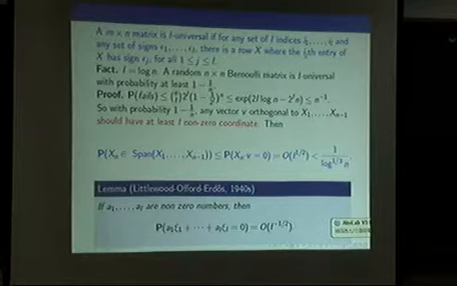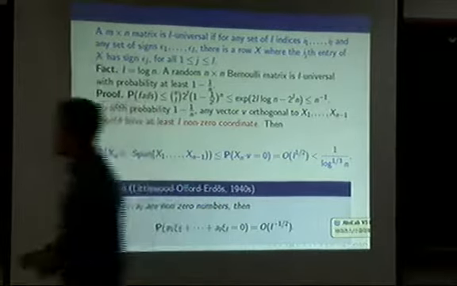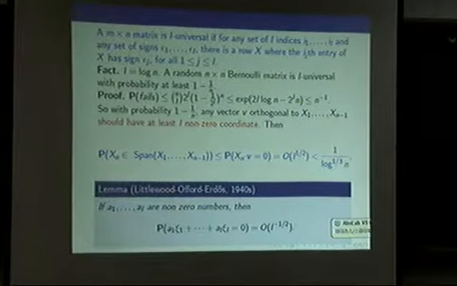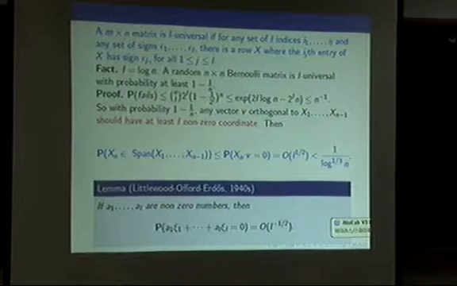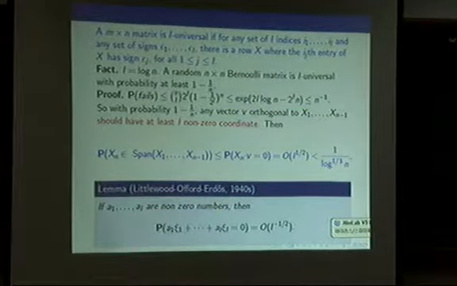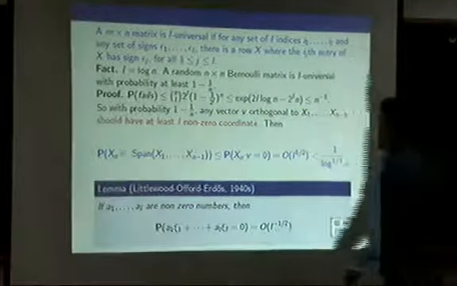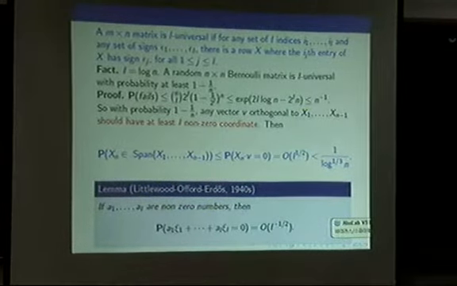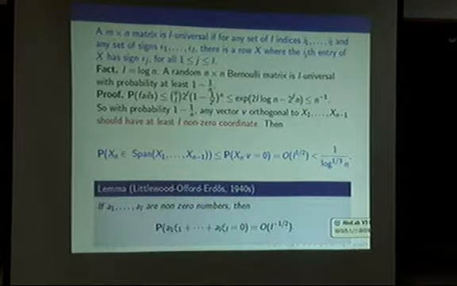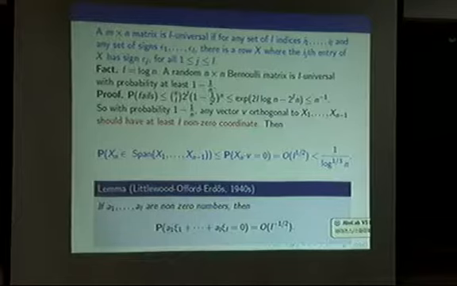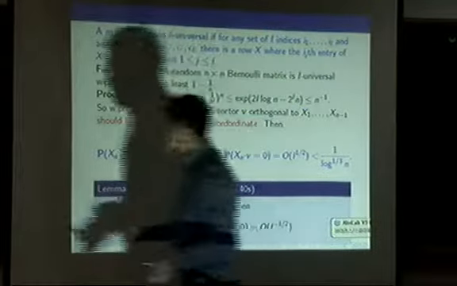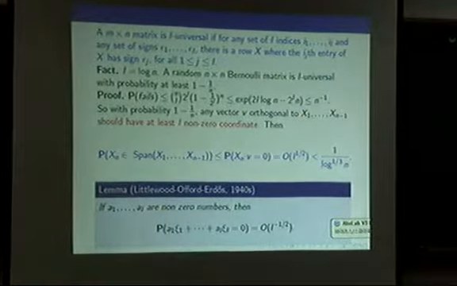So what does it say? It says that if you just take the first n minus 1 rows, then with this probability, any vector orthogonal to these rows should have at least L non-zero coordinates. Why?